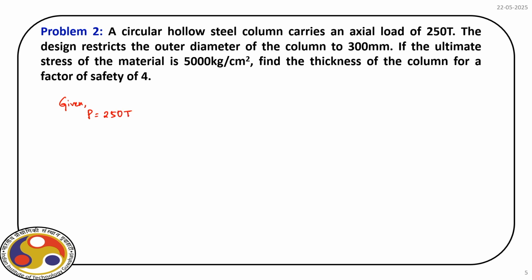Then the design restricts the outer diameter of the column to 300 millimeter. So, we have a circular column. So, this is a circular column, and it is hollow.